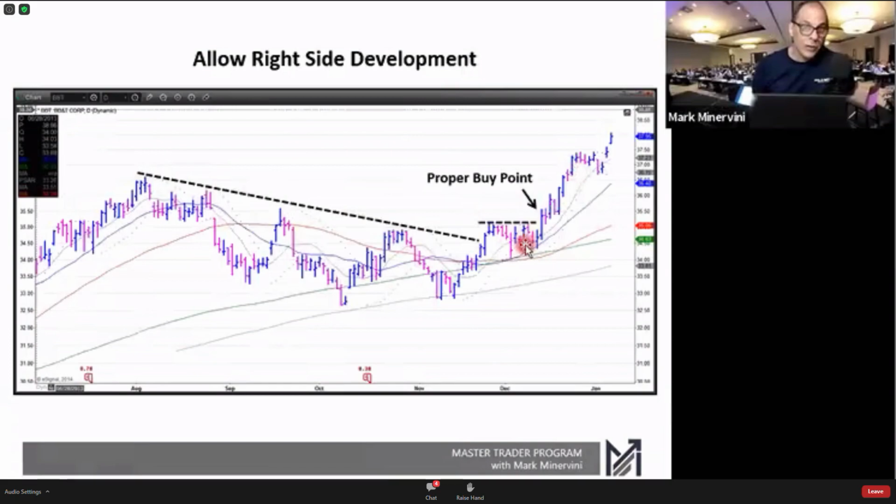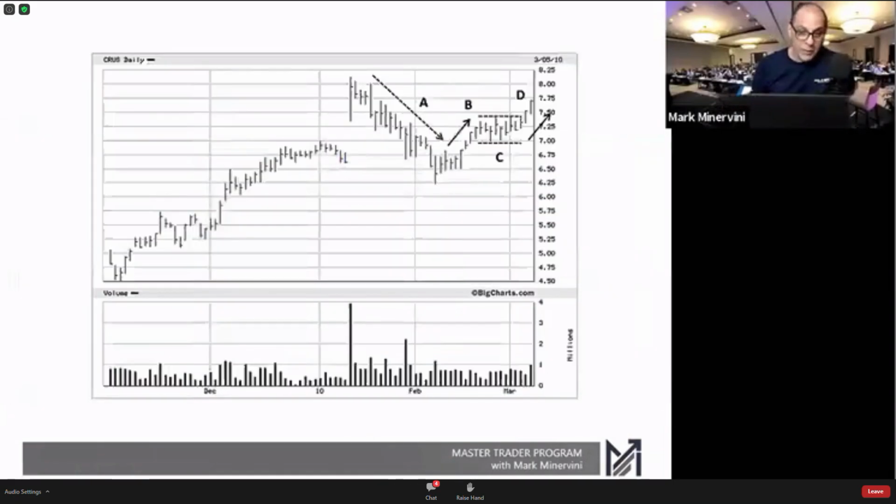And that's why, if I'm offered the cheat area, I like to try to get into the cheat area, or maybe part of my position at the cheat area. Let me show you how that looks here. So this is going back to the Cirrus Logic example. If you didn't have the benefit of seeing it in hindsight, or seeing it in real time when it finally developed that handle area that I bought off of, this is what you would have seen while it was forming the cheat area.